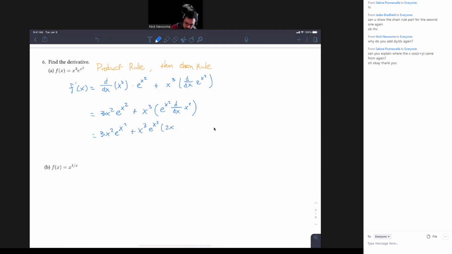And the derivative of x squared is 2x. All right, so this is, yeah, above and beyond with chain rule.